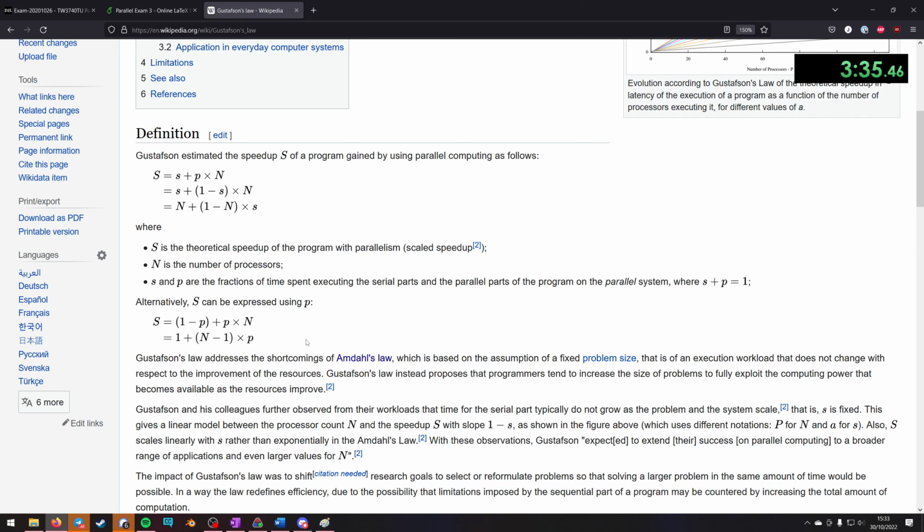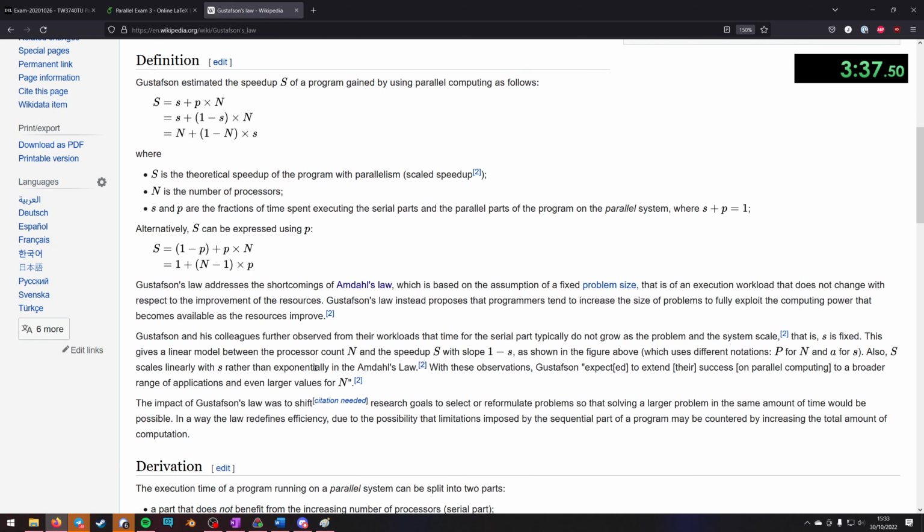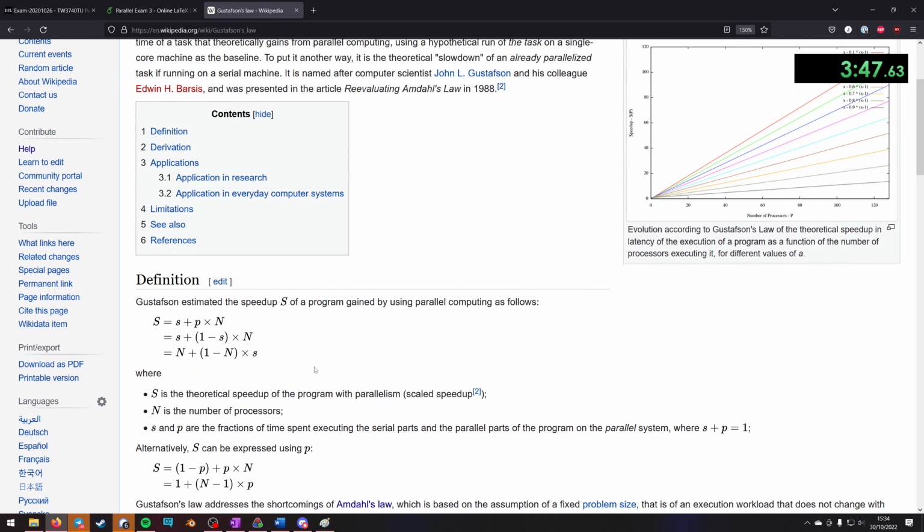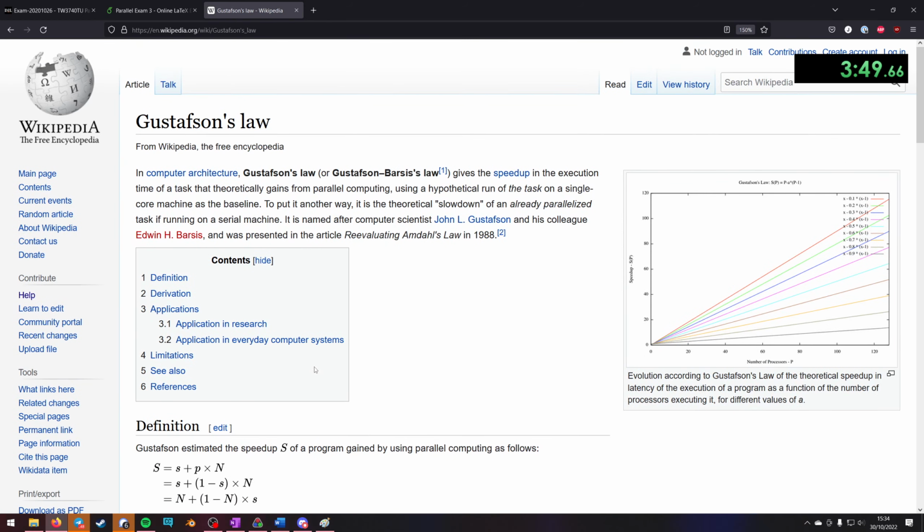So speed up in execution time of the task on a single core machine.